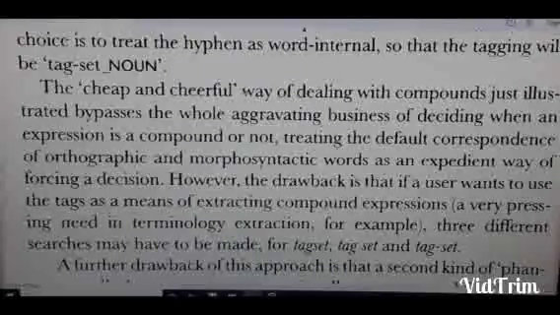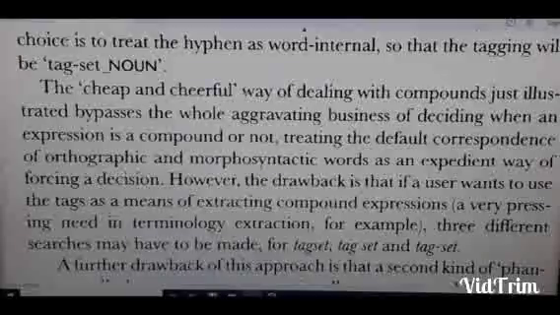However, the drawback is that if a user wants to use the tags as a means of extracting compound expressions, a very present need in terminology extraction, for example, three different searches may have to be made for tagset, tag set, and tag-set.